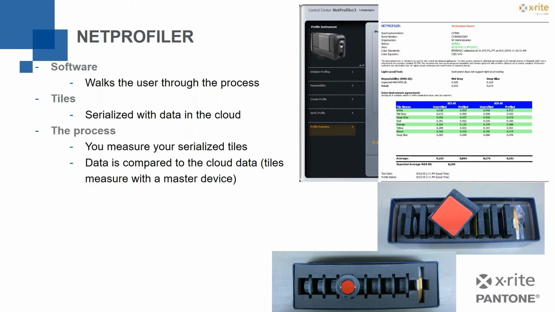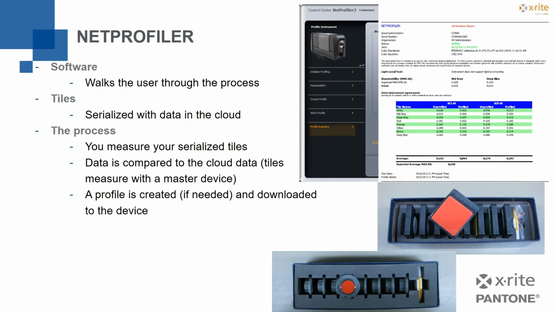So that means we're going to compare your device in your environment where you're measuring those tiles back to what the tiles should have been, measured with a master device in a controlled X-Rite environment. Okay, so we're comparing you basically back to where you would have been when the instrument was brand new being manufactured.